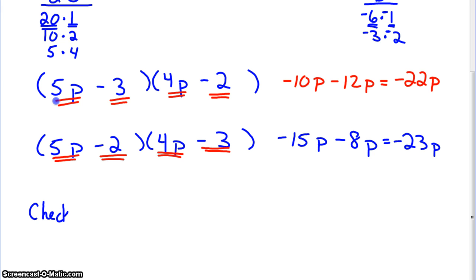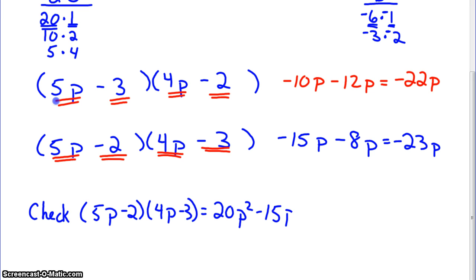So we'll check the entire product using FOIL. 5p times 4p, 20p squared. Now the outer: 5p times negative 3, negative 15p. Now the inner: negative 2 times 4p, negative 8p.